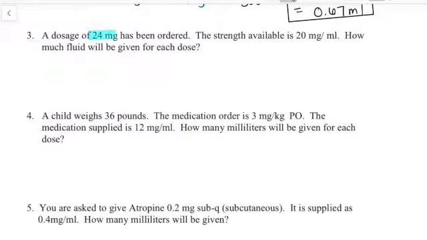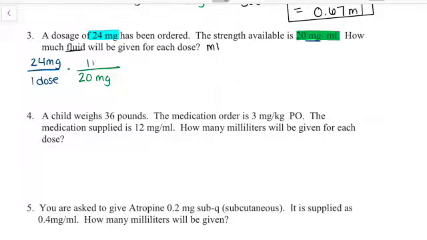24 milligrams has been ordered. The strength available is 20 milligrams per ml. How much fluid will be given for each dose? So again, our answer is in mLs. We have an order of 24 milligrams for 1 dose. Strength available is in milligrams, so we don't have to convert anything. So available is 20 milligrams over 1 ml.